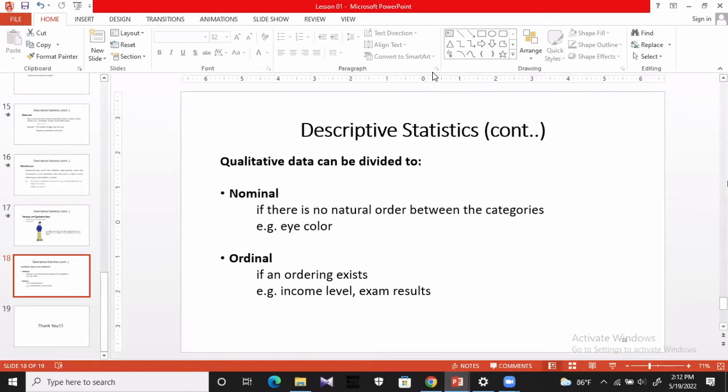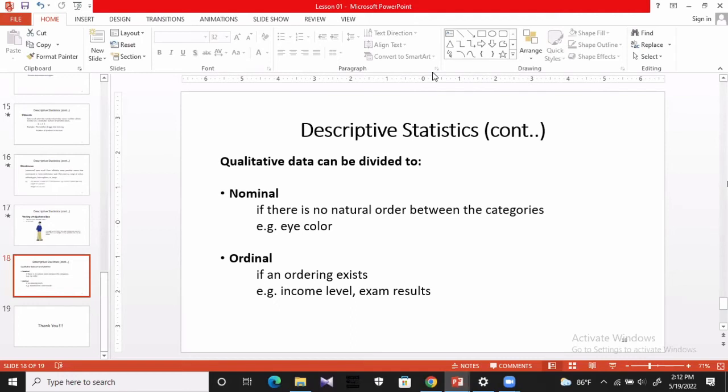Anyway, nominal data usually helps to label the variables without providing any numerical value.